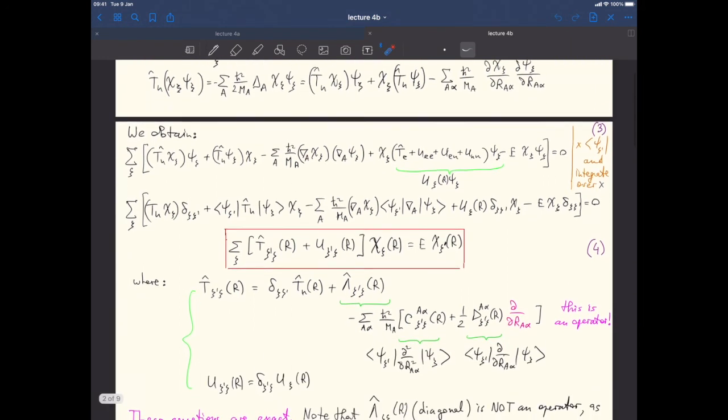And we managed to write a system of equations for these coefficients, which are themselves functions of the nuclear positions, in a closed form like this. And this is a rather complicated matrix set of equations with second-order differential operators.